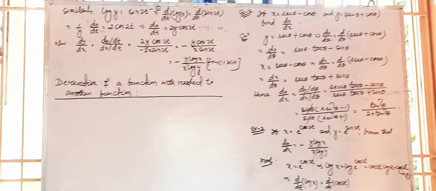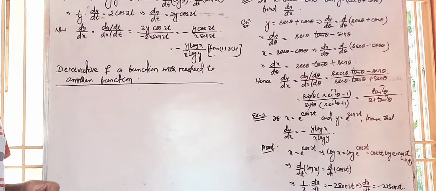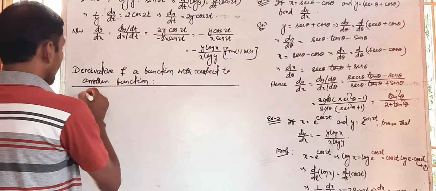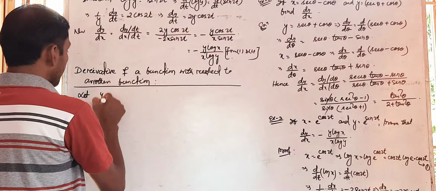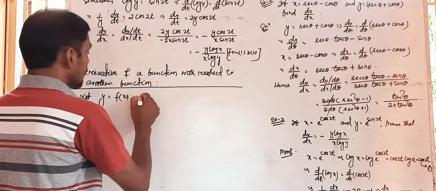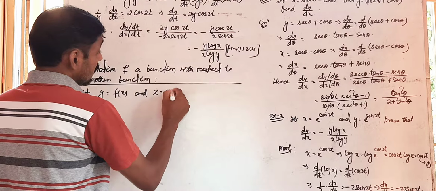Here we will take two different functions, both functions of x, and we will find the derivative of one function with respect to another. Suppose y is a function of x, y equal to f of x, and z equal to g of x.